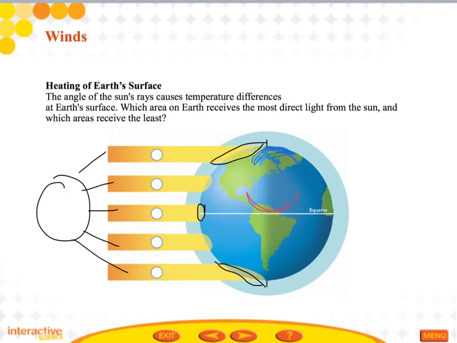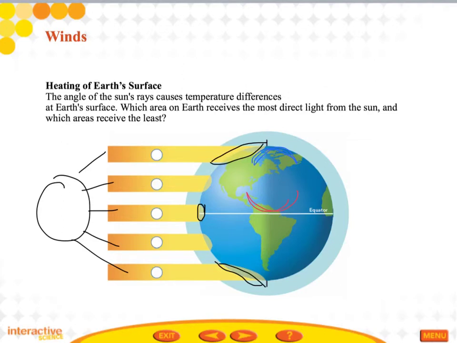Well, remember, these are density issues, right? So our warm air currents are going to be less dense, and our cold air currents are going to be more dense. So cold air sinks at the poles, and warm air at the equator rises. So pressure differences cause surface winds to blow from the poles toward the equator. Air flows away from the equator and toward the poles higher in the atmosphere, and these air movements produce those global winds.